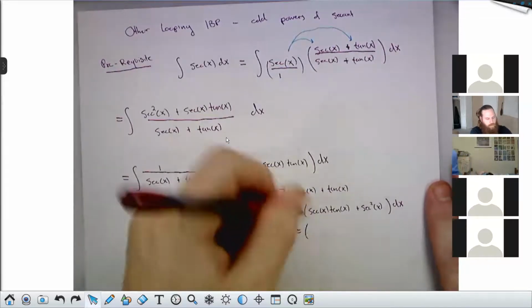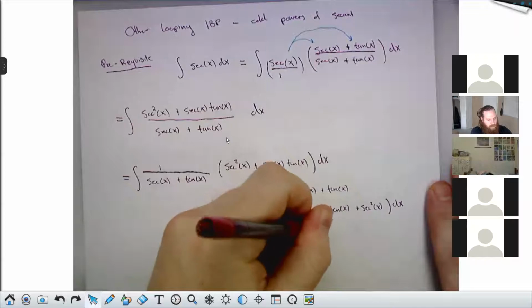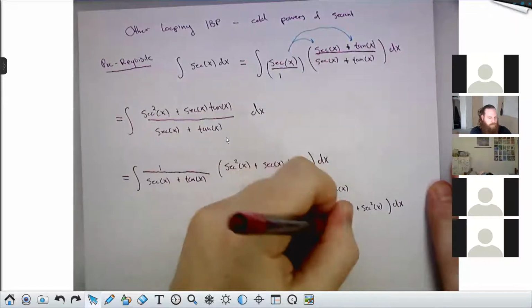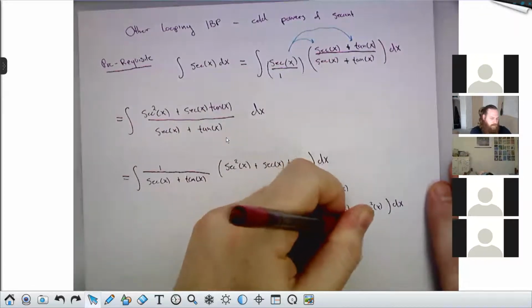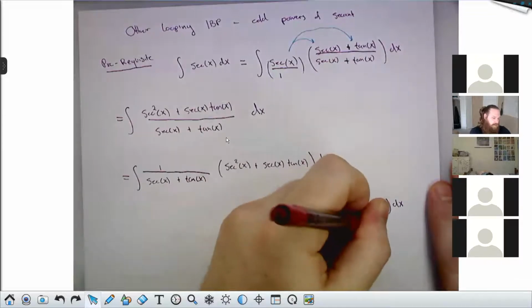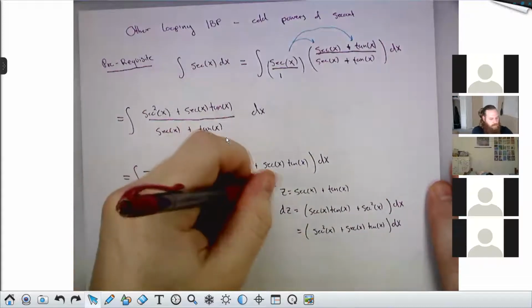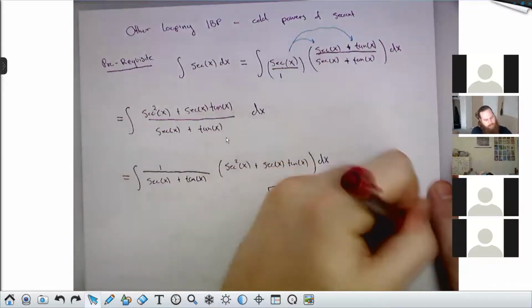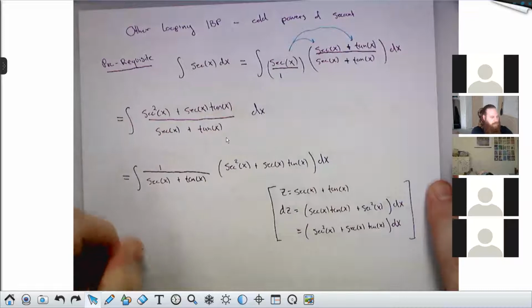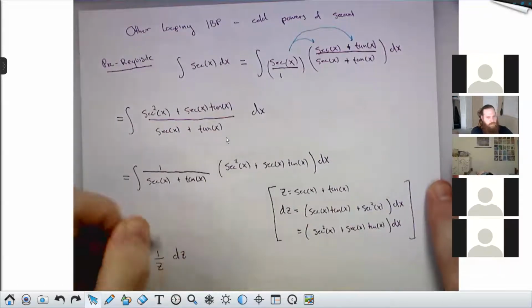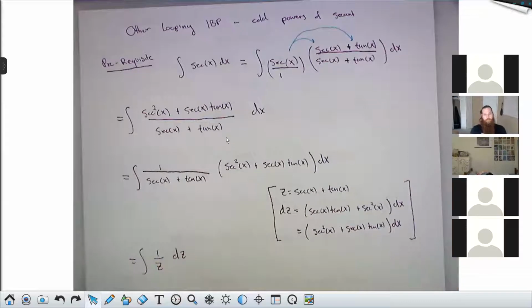And that order of addition in the middle, you can change that. This is the same as secant squared x plus secant x tangent x dx. So under this substitution, this becomes the integral of 1 over z dz.